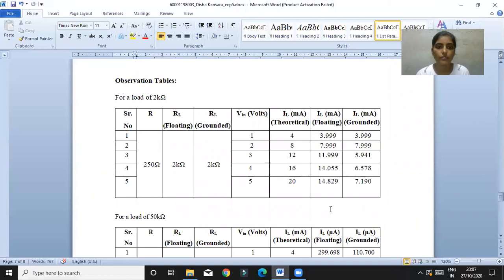For the floating and ground load, with an input voltage of 1 volt, I applied different input voltages.